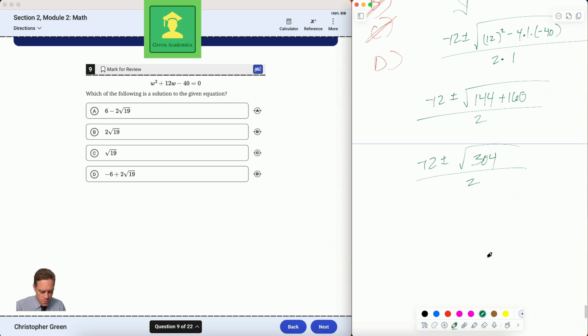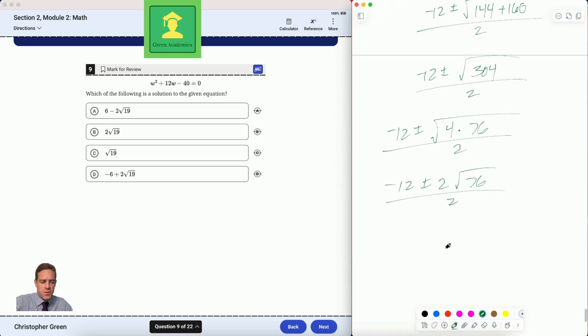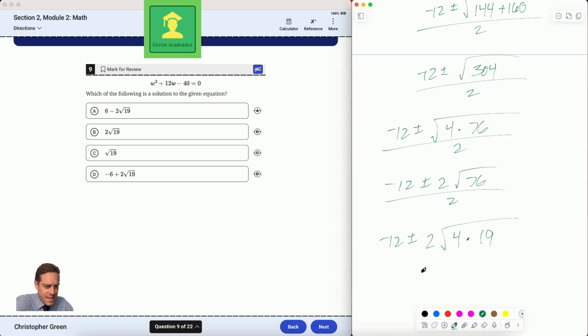And then 304 is obviously divisible by 4 because 100 is divisible by 4. So I'm going to go piece at a time. You could have written this as 4 times 76, which means it's negative 12 plus or minus 2 root 76 over 2. And then 76 is further divisible by radical reduction, right? Because 76 is 4 times 19.